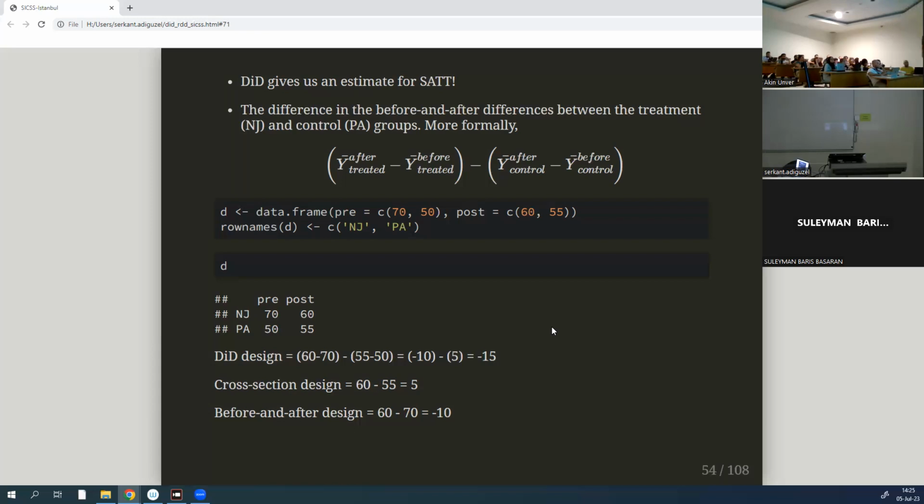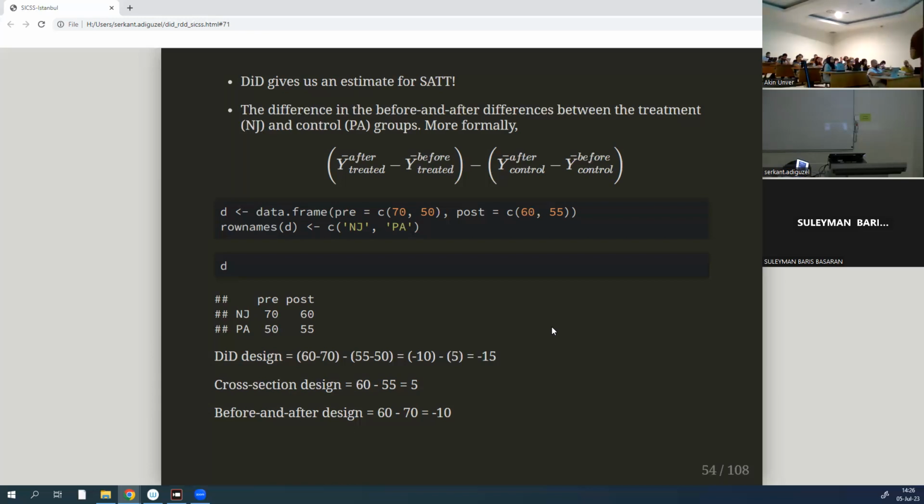So we need to subtract that too. We already have a 10% decrease, and there was going to be a 5% increase in the absence of treatment. So we subtract: minus 10, minus 5, that's negative 15. That's the time trend we use here, all right? Because positive things would happen to New Jersey if there were no treatment. So that's the idea, all right?